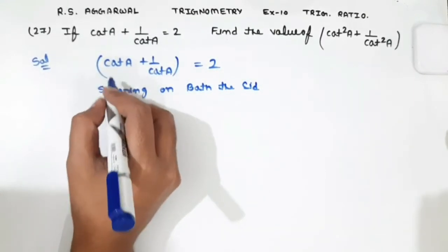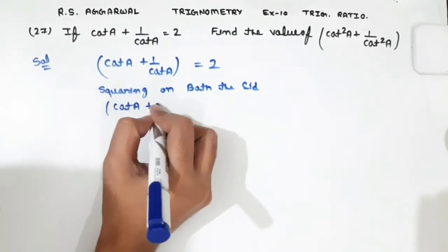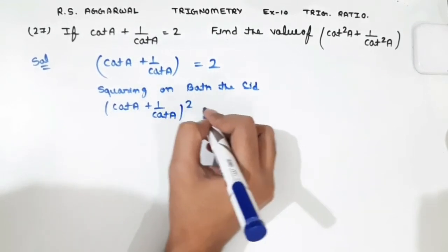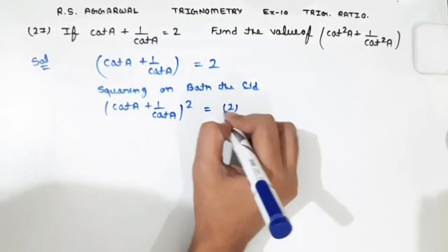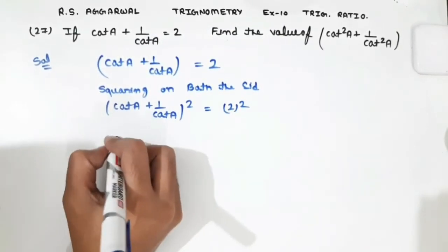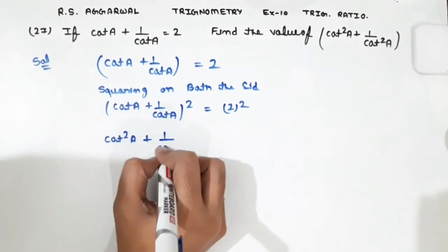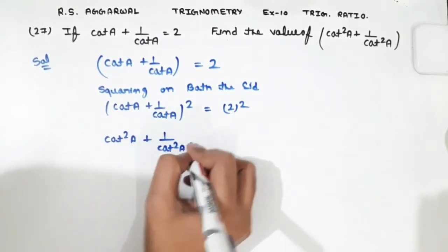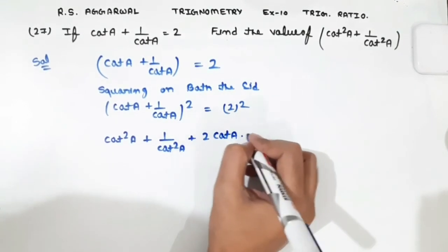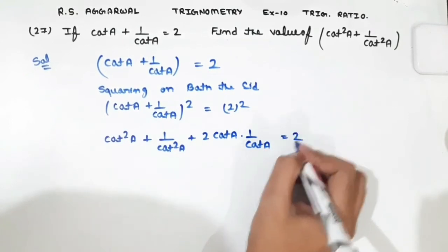So this will become cot a plus 1 upon cot a whole square equals to 2 square. So a plus b whole square: cot square a plus 1 upon cot square a plus 2 cot a into 1 upon cot a equals to 2.